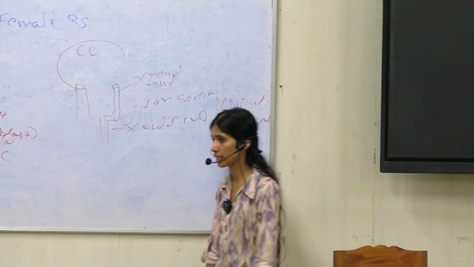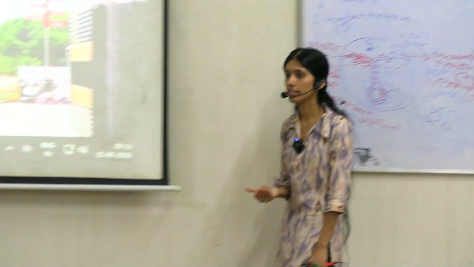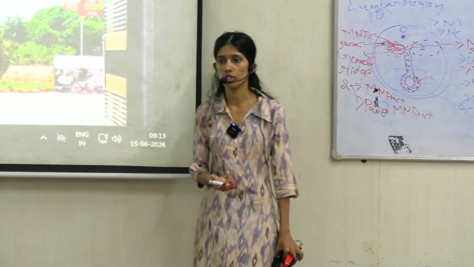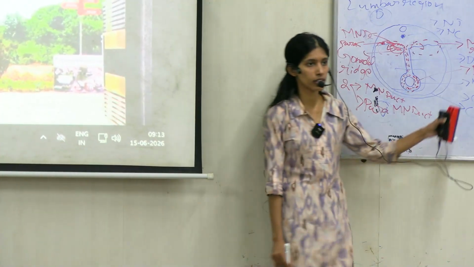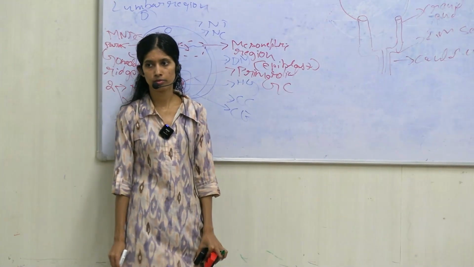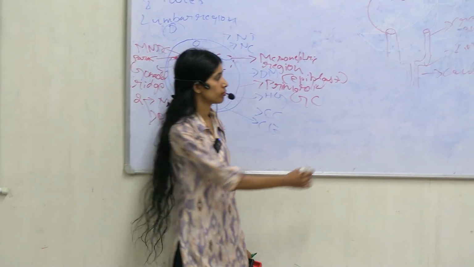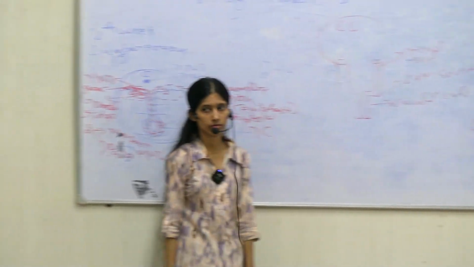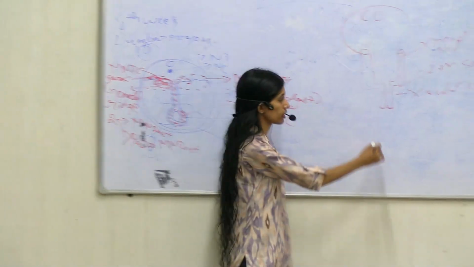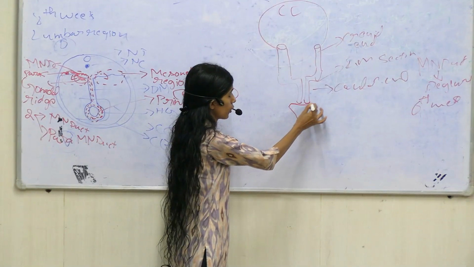Okay, we have 3 parts in the paramesonephric duct: cranial end, intermediate portion, then followed by caudal end. Okay, so where will this caudal end open? Where are these caudal ends going to open?